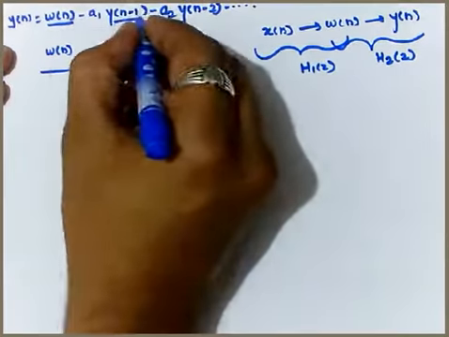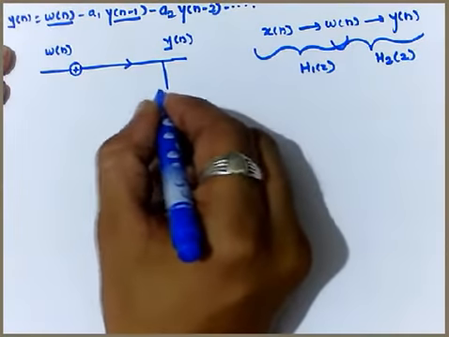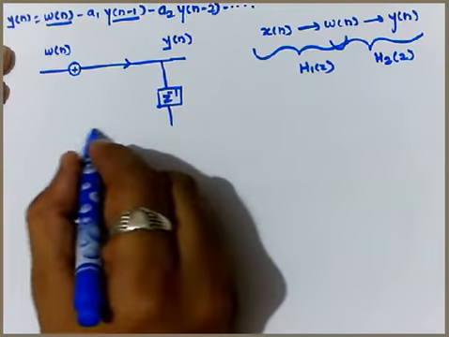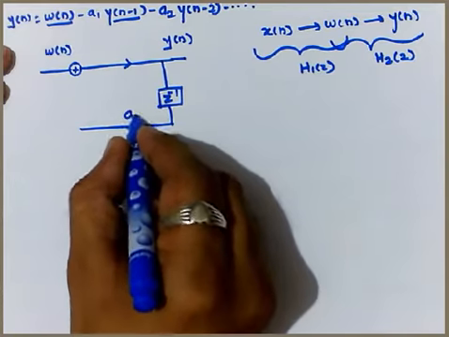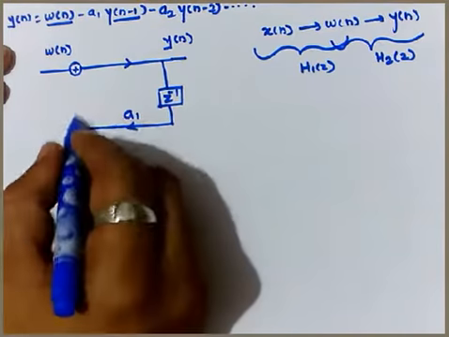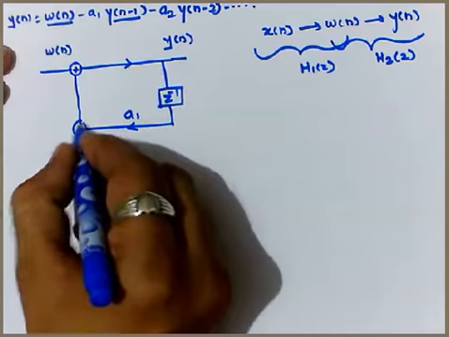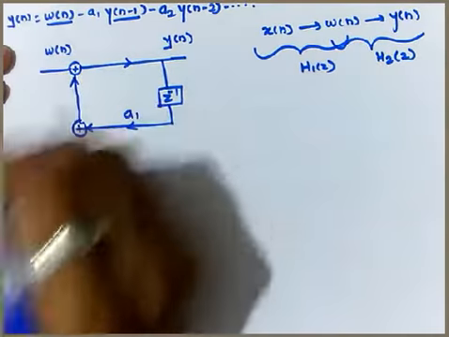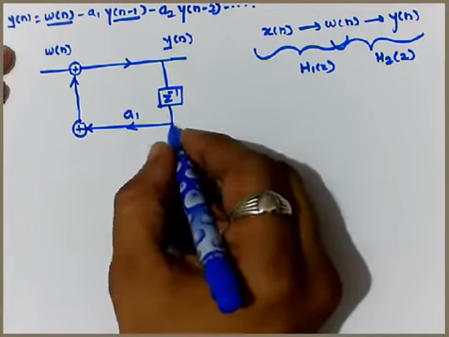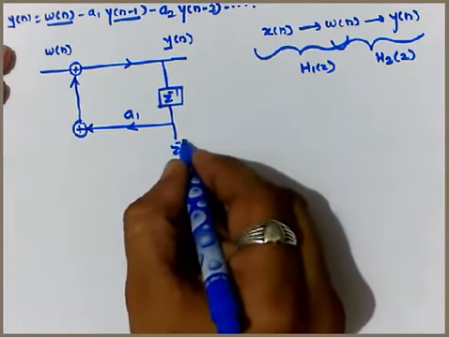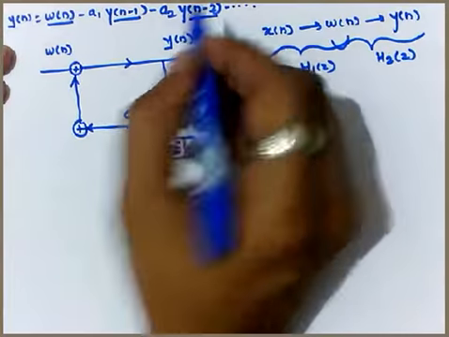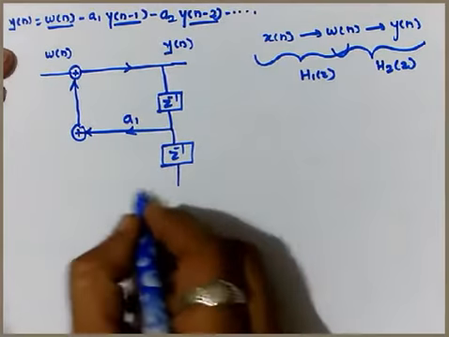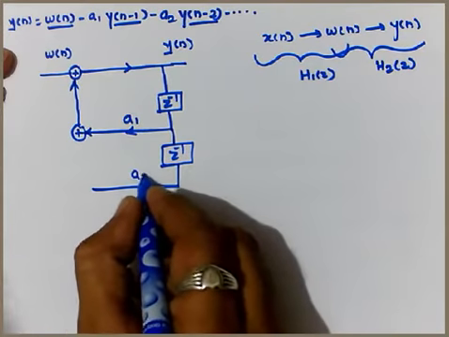Now the next is y of n minus 1, which means the output is simply delayed by 1, then scaled by a1. After scaling it has to be added with this, so add here the adder block, so it will be added with the w of n. So this is in a reverse way. Again take its inverse, since in the next step it is y of n minus 2, so the next block will be a2.